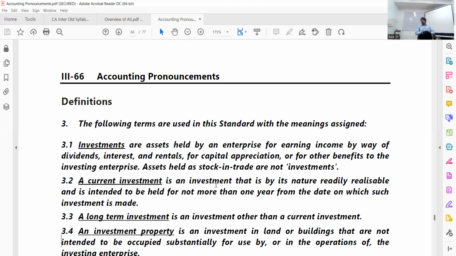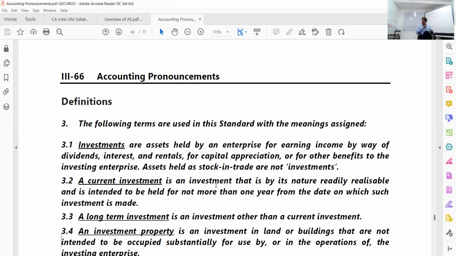So that is investment. And for the purpose of accounting, this standard says that investments can be split into 2 types. What is that? Current and long term. Your accounting depends on that. The accounting for investment depends on whether the investments are classified as current or long term. For this, you have to see who the investor is. If you are buying shares in a company, who are you?